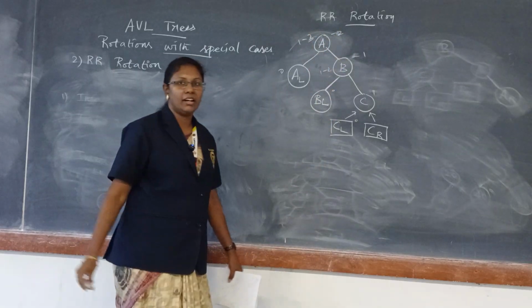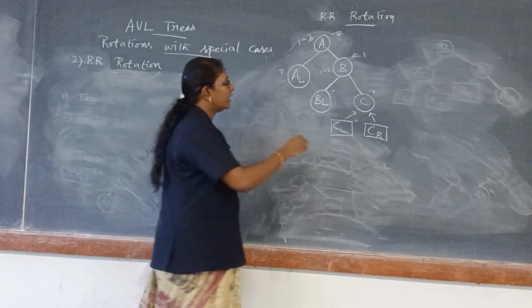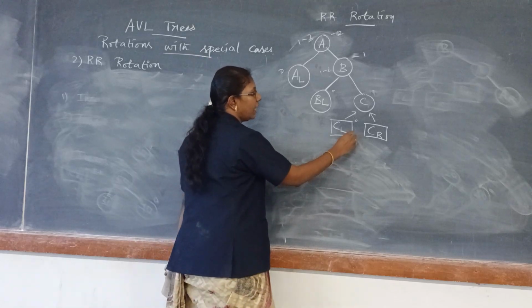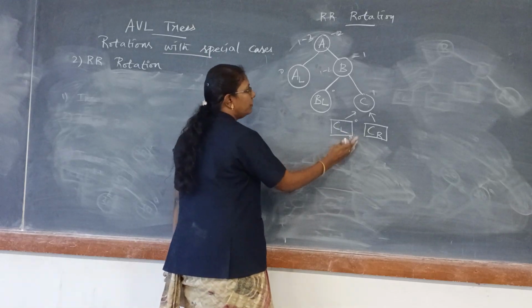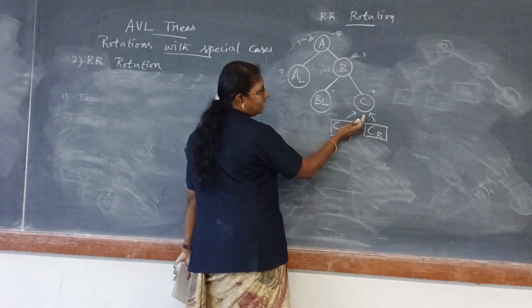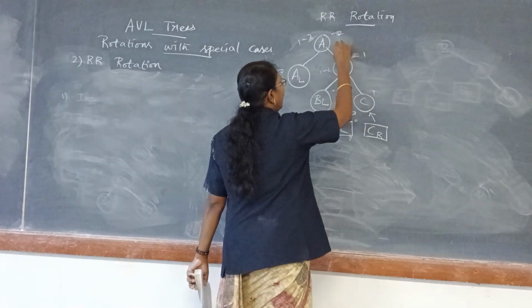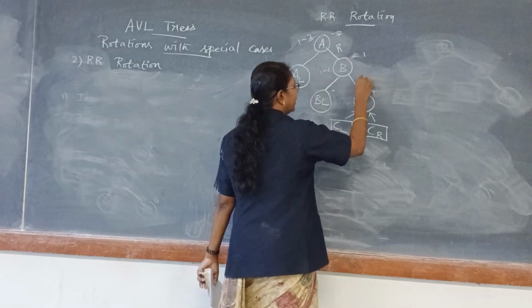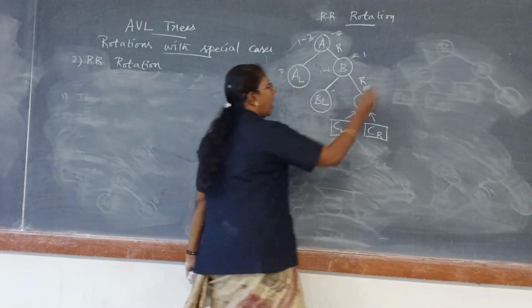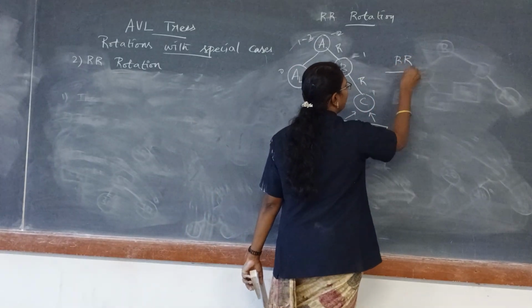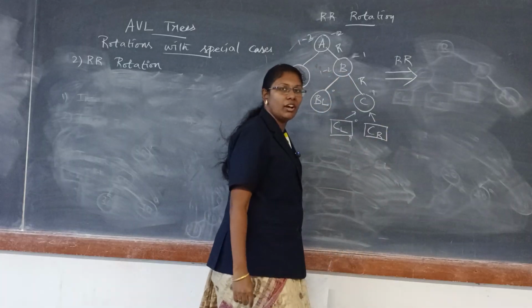Here imbalance occurred. Why does the imbalance occur? Because I have inserted one node at this point, which is the left child of the right subtree's right child. So RR imbalance occurred. I need to perform the RR rotation for this point.